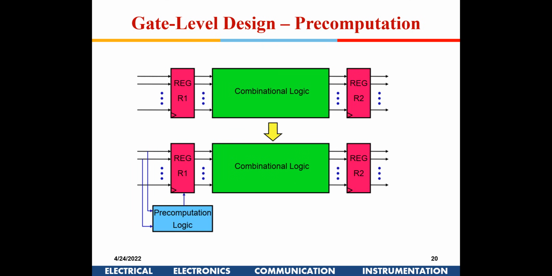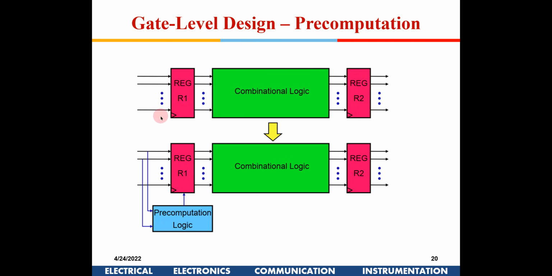Now there are just one or two more slides, then we'll take a break. Now we can have something known as pre-computation. What pre-computation does is, suppose there are certain inputs which are coming here. You have a combinational logic and you have an output.